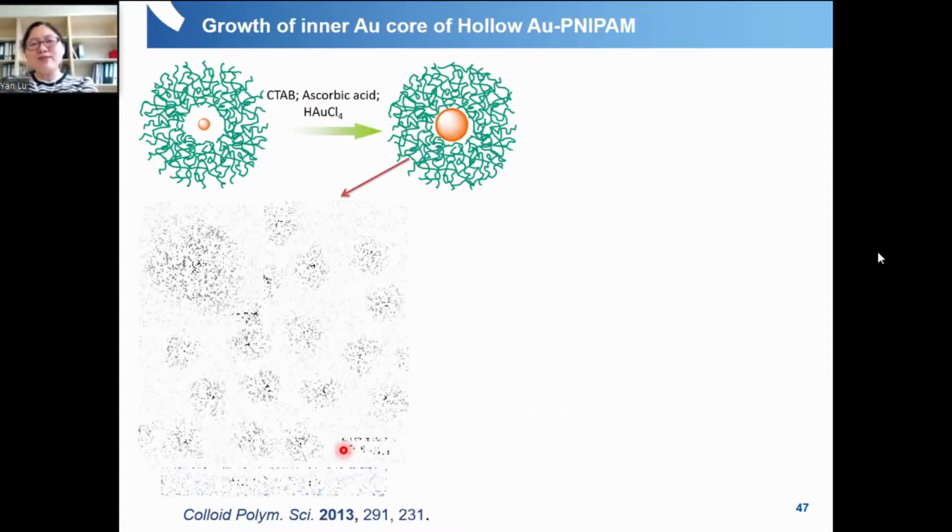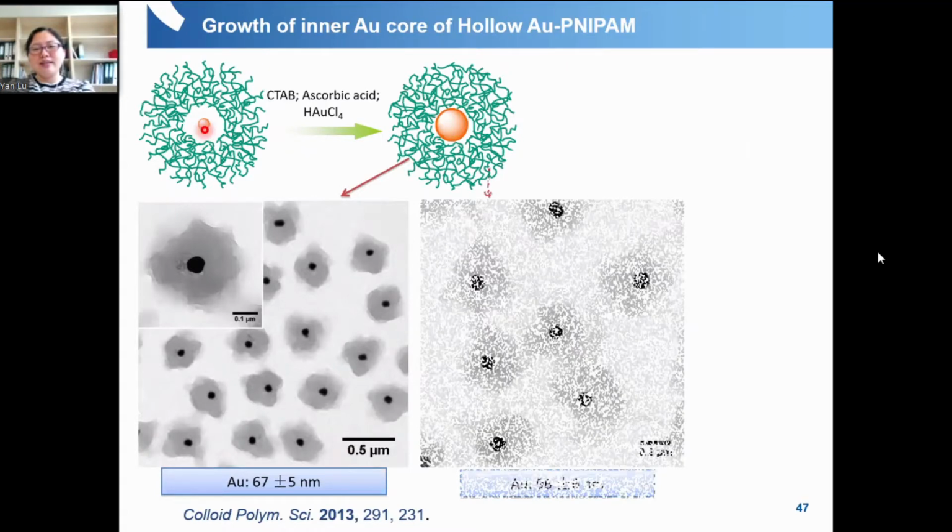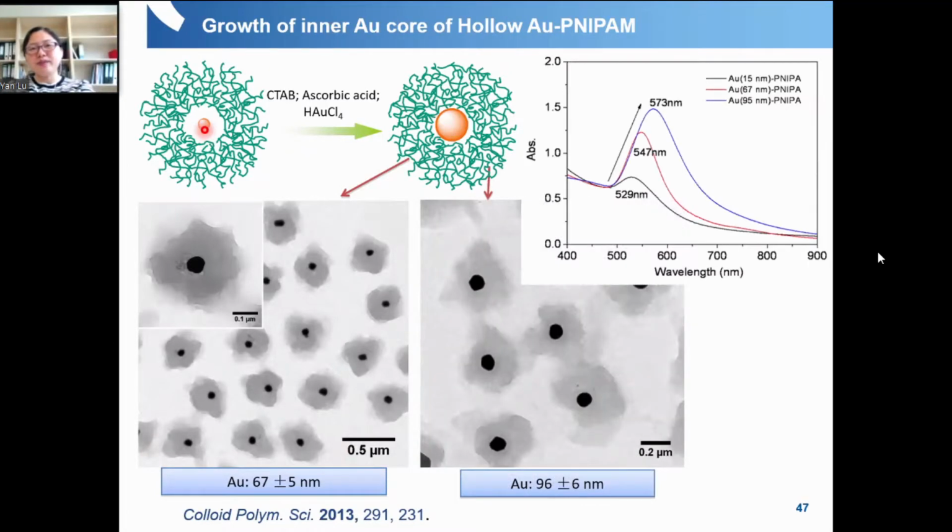Another step you can do, of course, is to use this gold nanoparticle as a seed, and you do again this seed-mediated growth. Then, depending on the gold precursor you add here, you can increase the core particle size. Originally it's around 30 nanometers, I think.